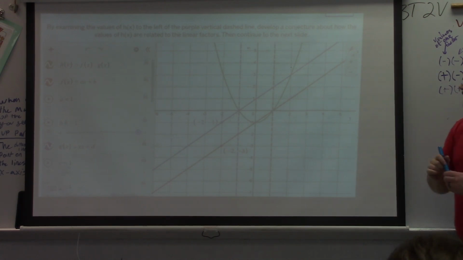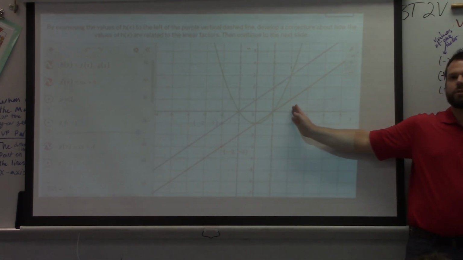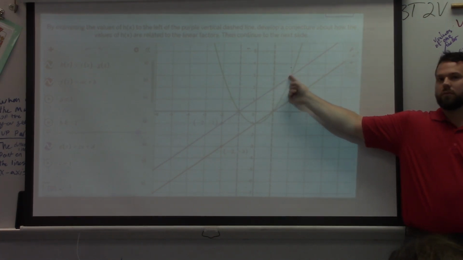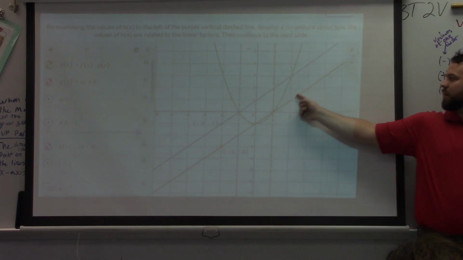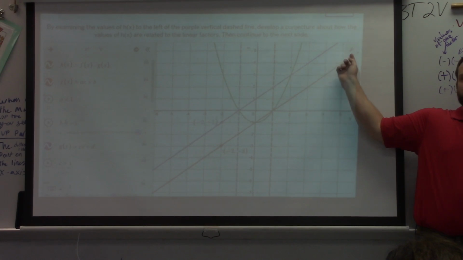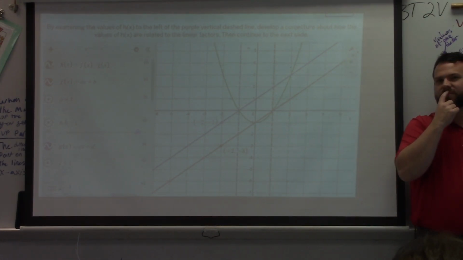When I look finally past this last x-intercept, what type of values does this line have? They're positive. AJ, what about this line? What type of values does it have? Sounds like they're telling you something.